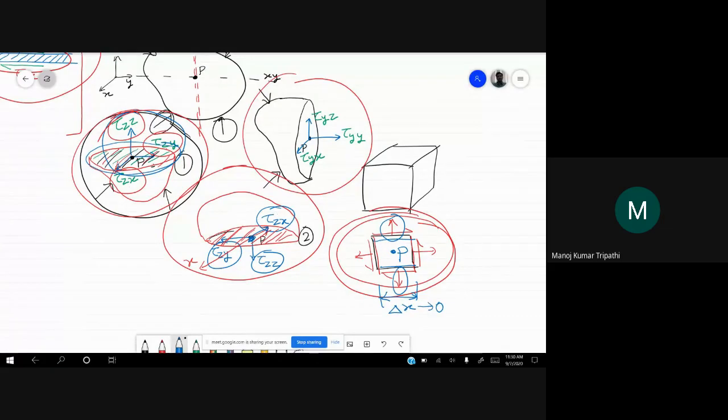When I draw the stresses, this is only possible when delta x tends to 0. Then even if the element is not in equilibrium, this tau xx will be same as this tau xx for a point P.